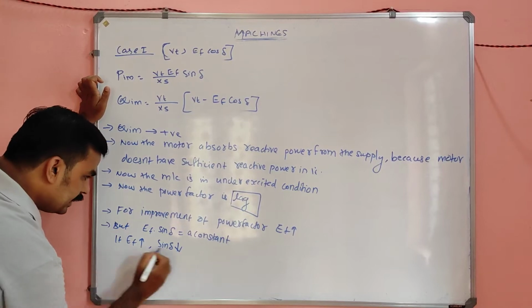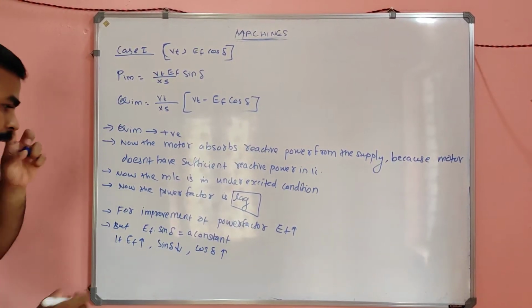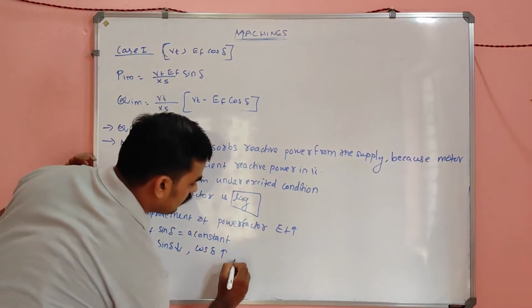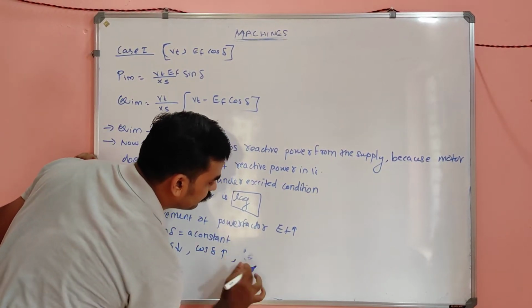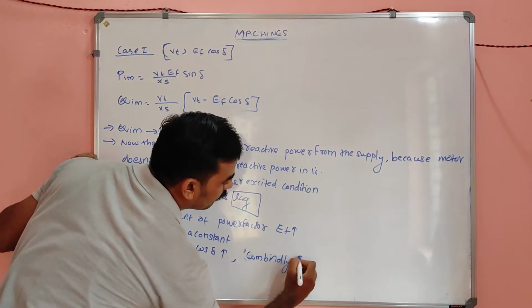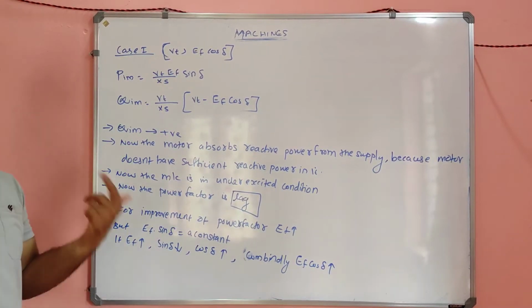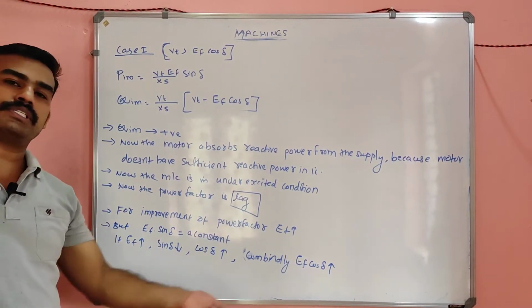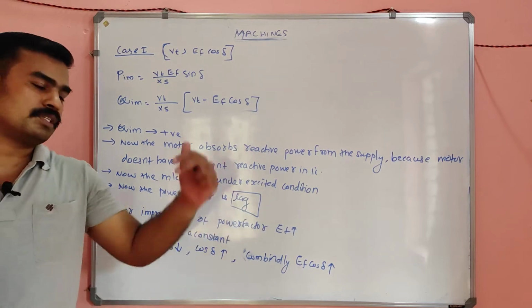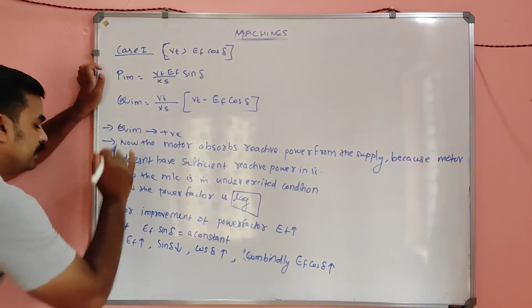If sine delta decreases, cos delta increases. If cos delta increases, combinedly Ef cos delta increases, because Ef is already increased and now cos delta also increased, so Ef cos delta increases.